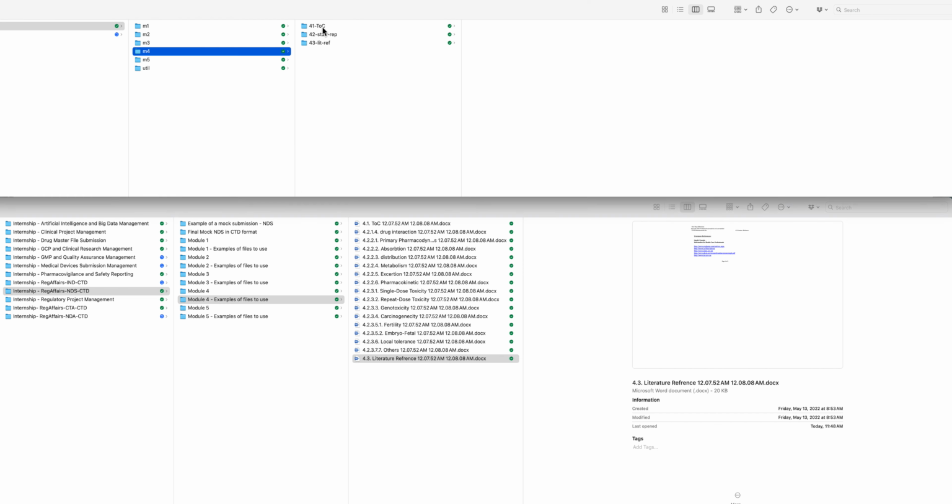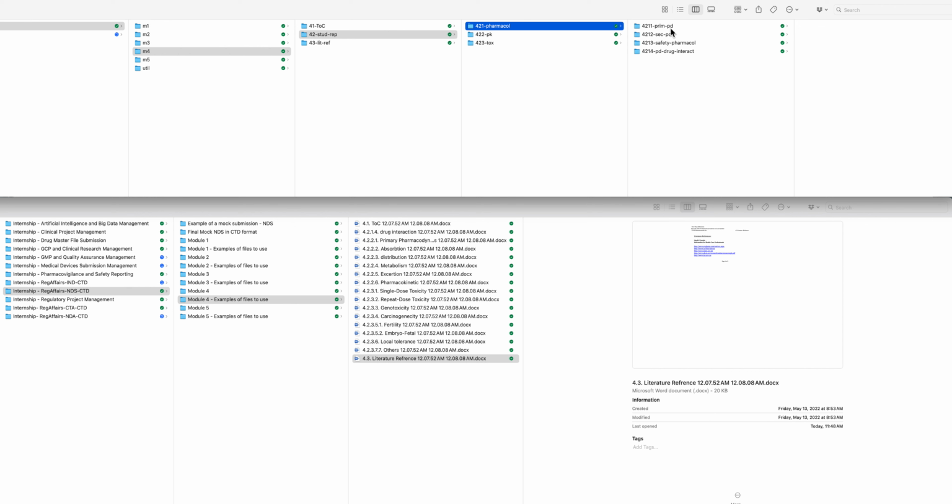So we looked into module 4 for the preparation of a common critical document. We looked into the table of contents. We explained each and every document that we have to put into, again, module 4. We also looked into the section of module 4.2.1 for the pharmacology.